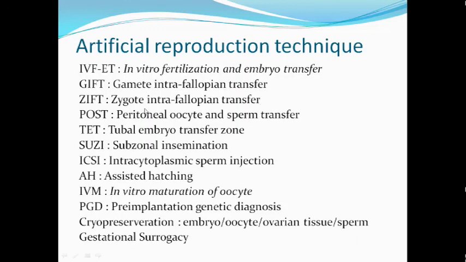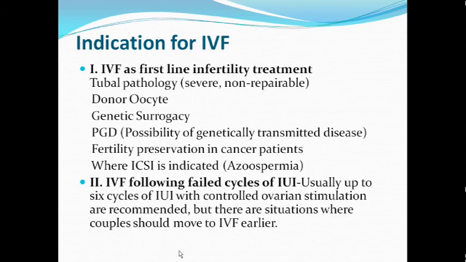Different nomenclatures are there: IVF-ET, in vitro fertilization and embryo transfer; gamete intrafallopian transfer, GIFT; zygote intrafallopian transfer, ZIFT; peritoneal oocyte and sperm transfer, POST; tubal embryo transfer, TET; subzonal insemination, SUZI; intracytoplasmic sperm injection, ICSI; assisted hatching, AH; in vitro maturation of oocyte, IVM; pre-implantation genetic diagnosis, PGD; cryopreservation of embryo, oocyte, ovarian tissue and sperms; and gestational surrogacy. These are the different nomenclatures for ART.